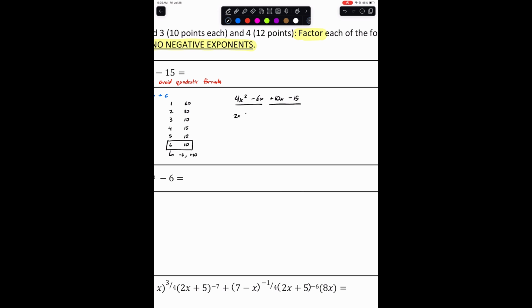We have a 2x minus 3 remaining. On the right hand side, we can take out a 5, and we also have a 2x minus 3 remaining. You can see we have a common factor. You can take that out, and you're left with 2x plus 5. And that is your answer: 2x minus 3 times 2x plus 5. Alright?